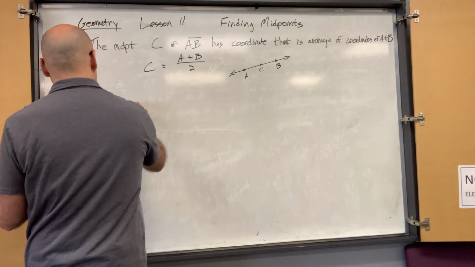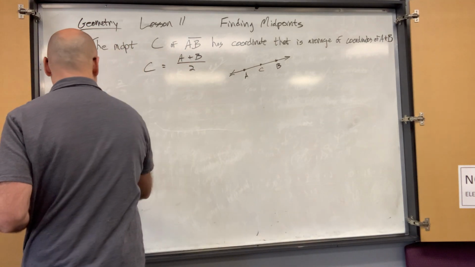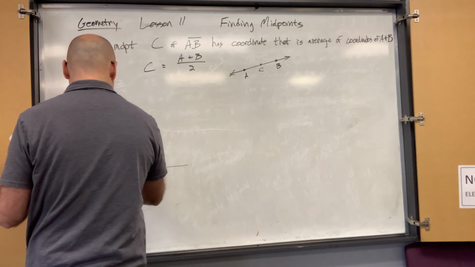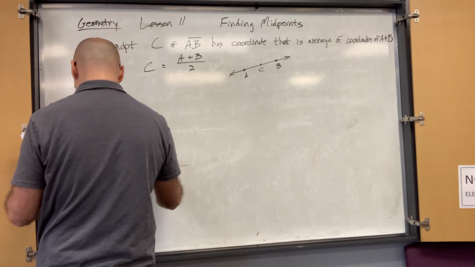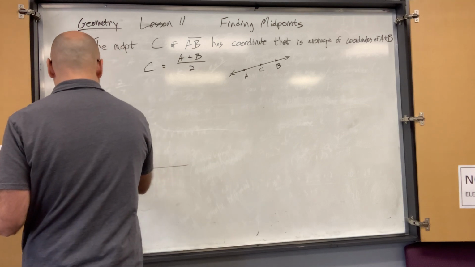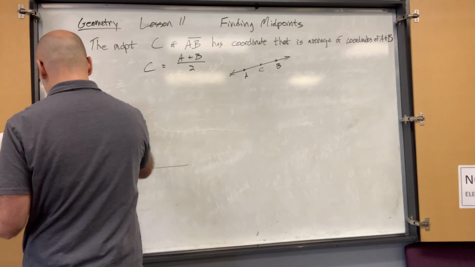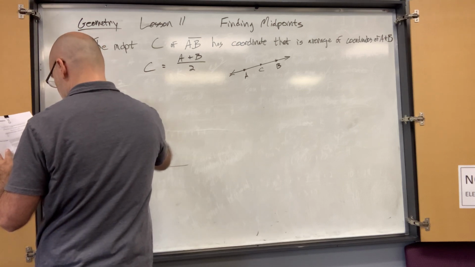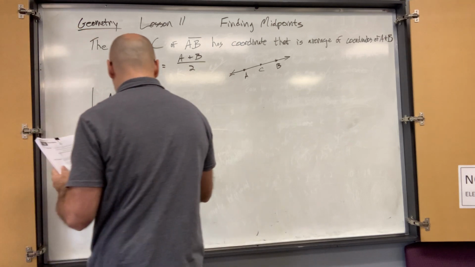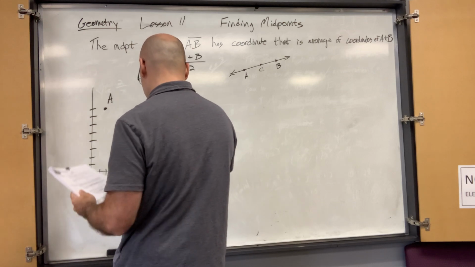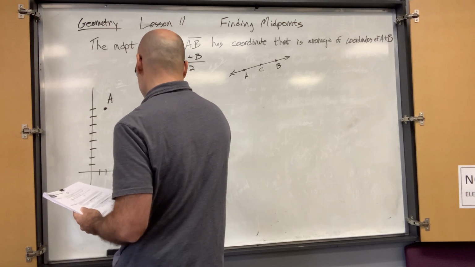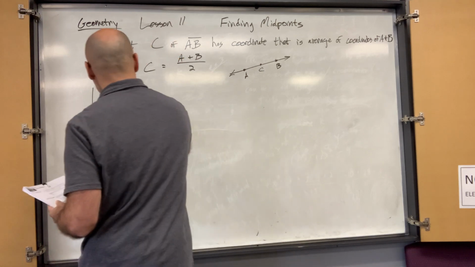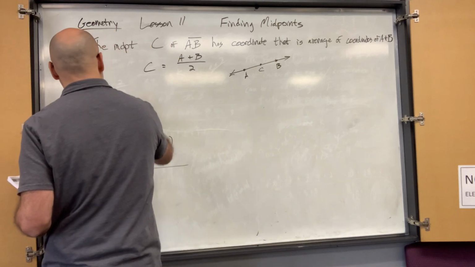But if I wanted to find the coordinate, for example, I'll draw this little grid, 1 through 8, 1 through 8. So 2, 8 is our A, and 8, 4 is our B.